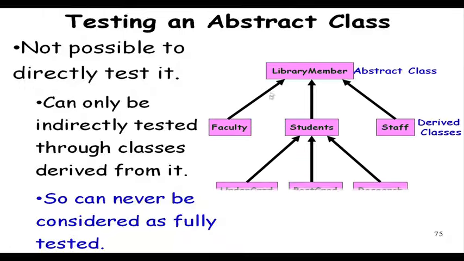Since an abstract class cannot be instantiated, it cannot be directly tested. Therefore, we test it only through its derived classes, and each time we have a derived class, we have a case for testing it.